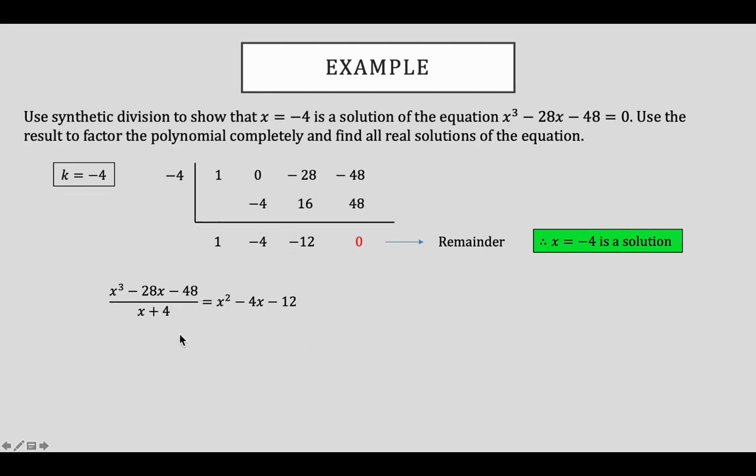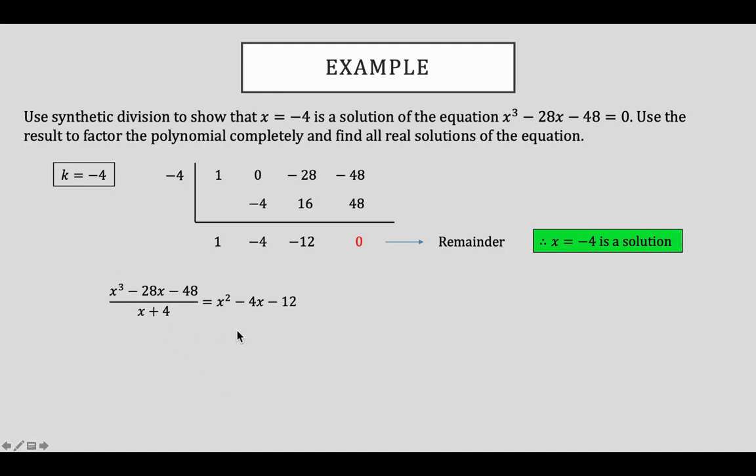So on the left-hand side of this equation, the numerator is the cubic polynomial that I started with. If I wanted to isolate the numerator of this fraction, I would have to multiply both sides of the equation by x plus 4.